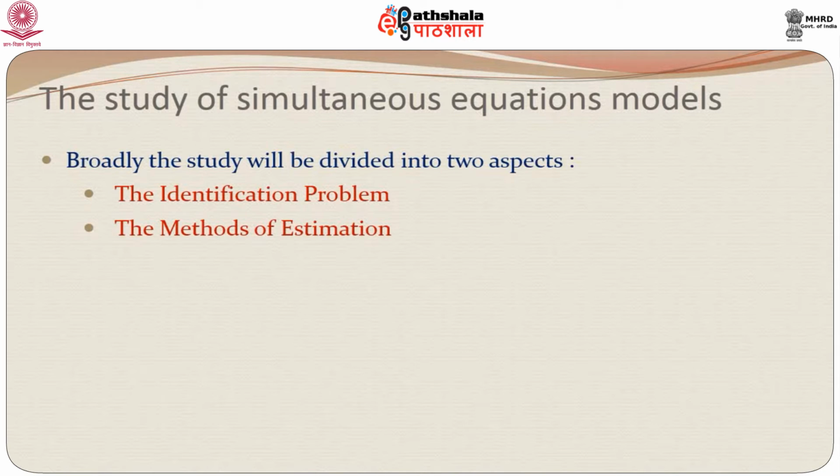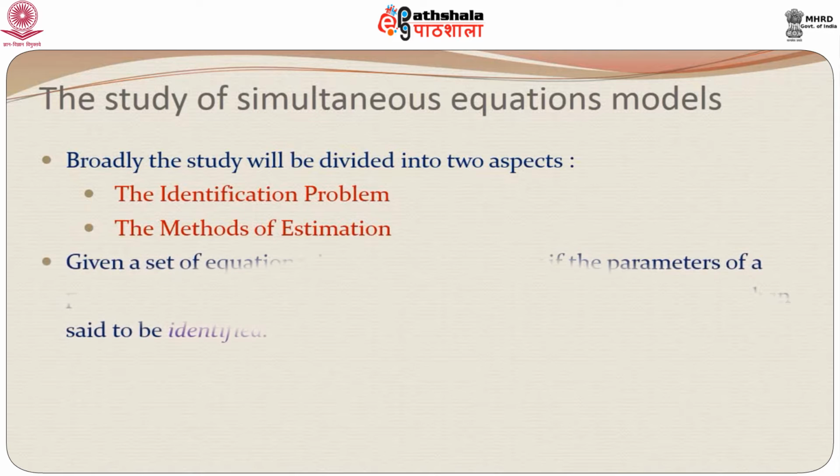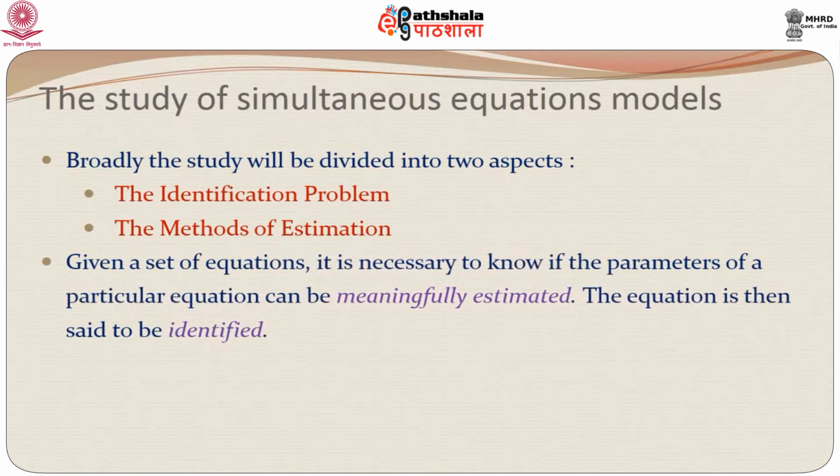Now, what is the identification problem and why is it so important? Given a set of equations, it is necessary to know if the parameters of a particular equation can be meaningfully estimated. The equation is then said to be identified.